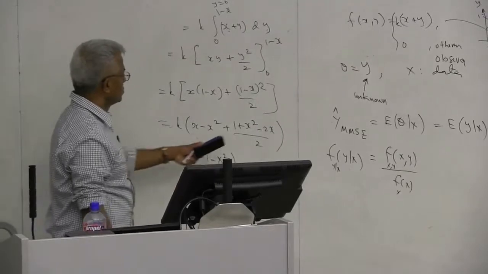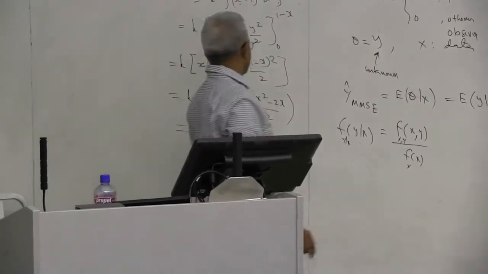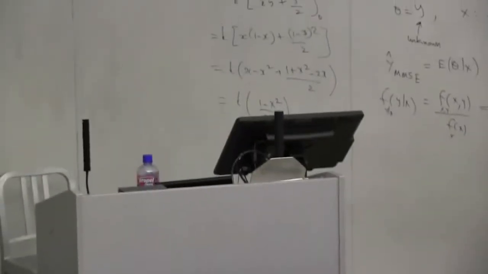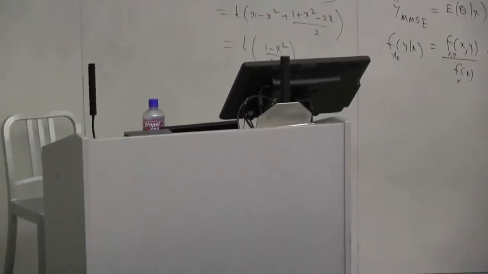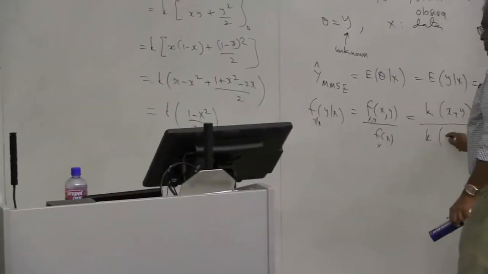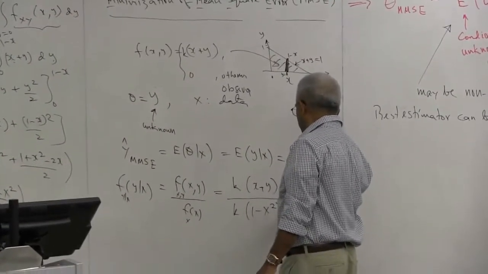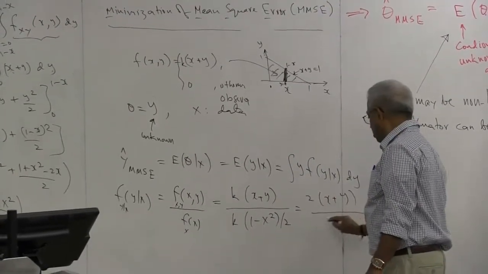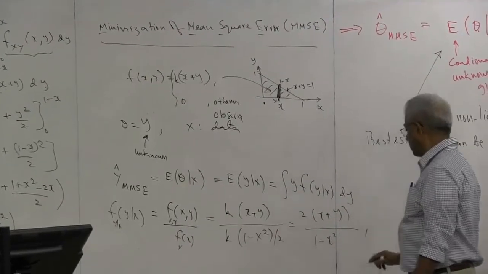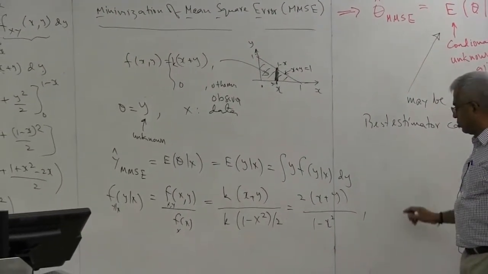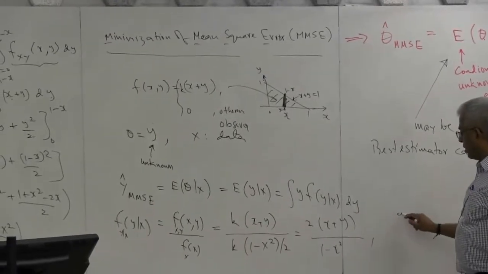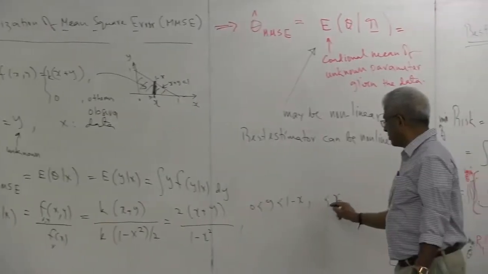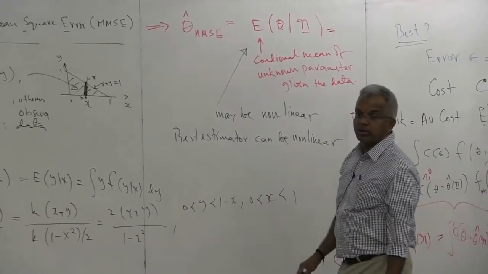I hope so. The x cancels, so that's correct. So if I substitute it here, here you have k multiplied by (x plus y), and there k multiplied by (1 minus x squared) by 2. So this is 2 multiplied by (x plus y) over (1 minus x squared). And remember, x is given. So if x is given, y goes only between 0 and 1 minus x, and x itself goes between 0 and 1, right?